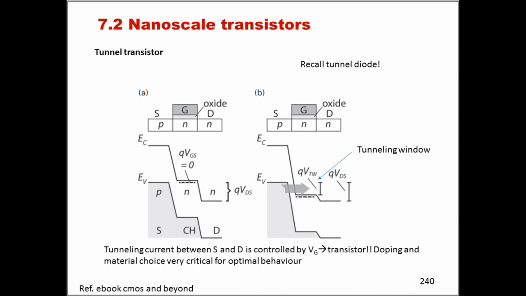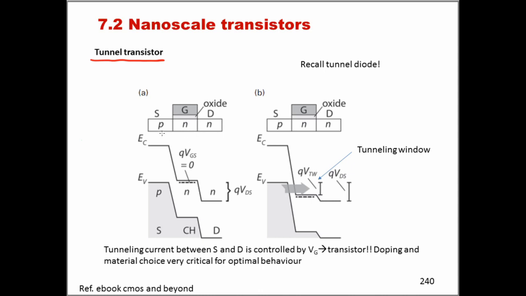The first one we will look at is the tunnel transistor. The geometry is the one shown here. It still reminds a lot of our MOSFET transistor, but this time we are going to rely on tunneling.